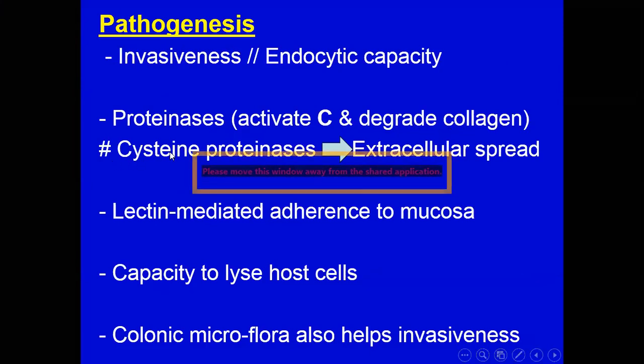This parasite has cysteine proteinase, which assists in the extracellular spread. By a substance called lectin, they can adhere to the mucosa of the colon, and have the capacity to lyse host cells. They can invade the cells and destroy them.